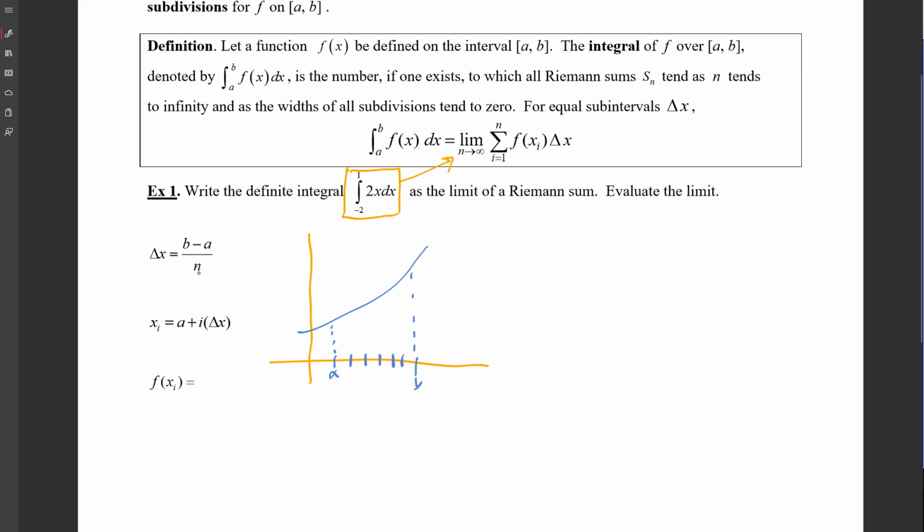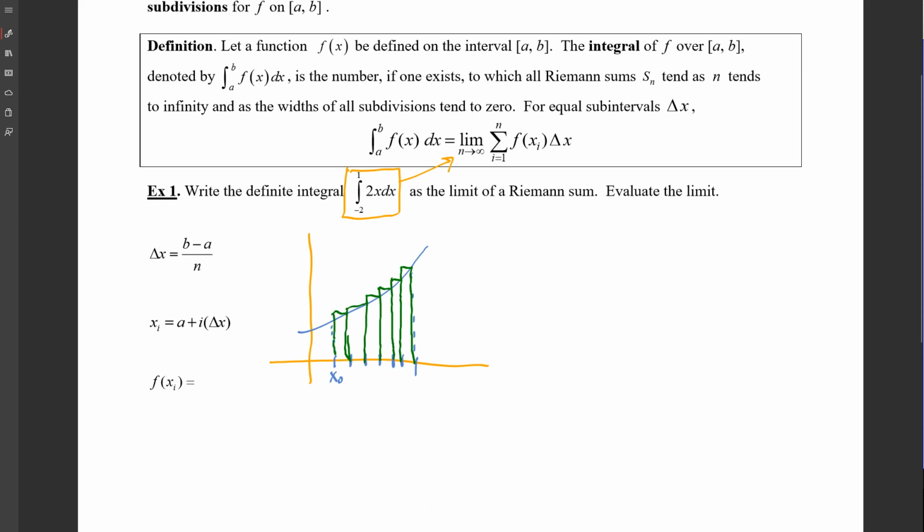If this a right here is x sub 0, then on the right-hand side, this would be my first box. I'm doing right-hand Riemann sums. This would be my second box, and so on. This would be my third box, my fourth box, and these are equal widths. It doesn't look like it, but these are equal width boxes.